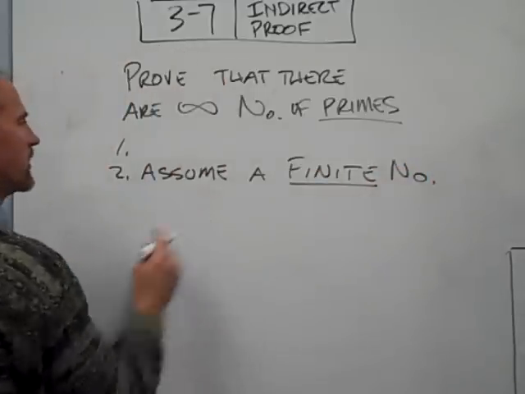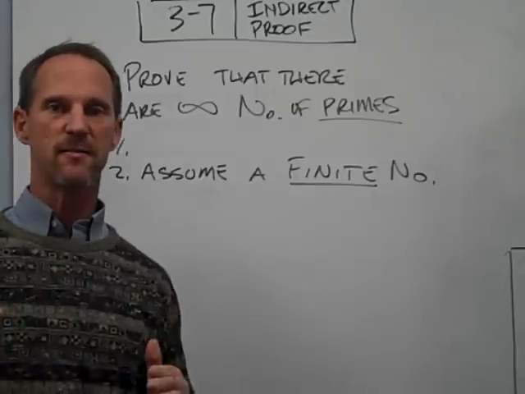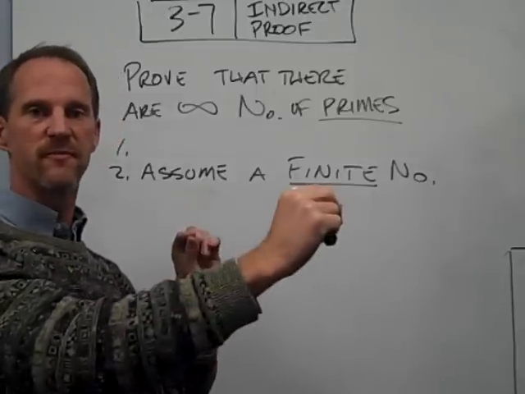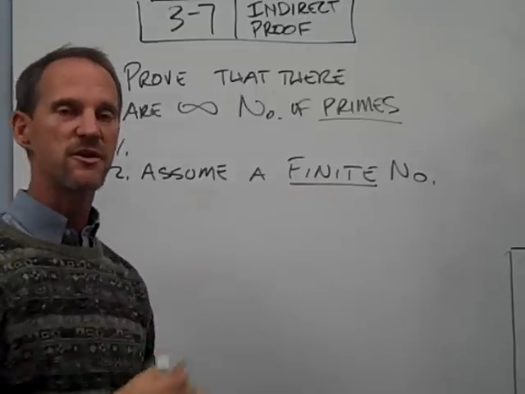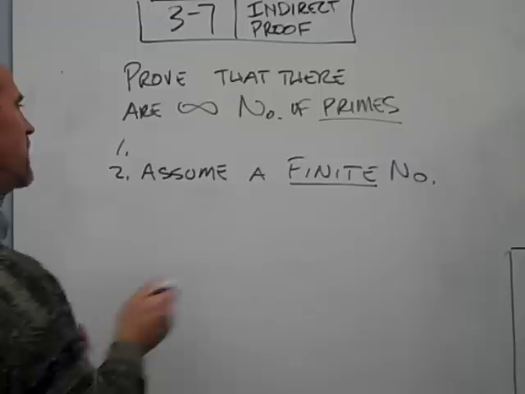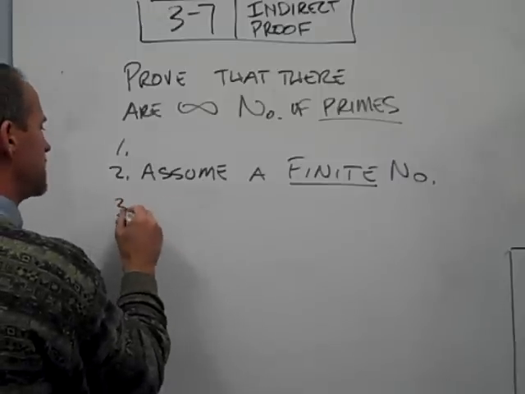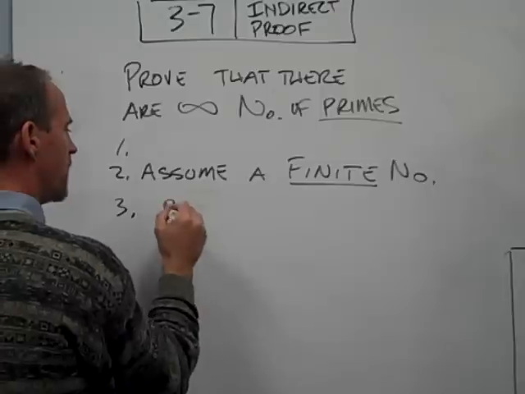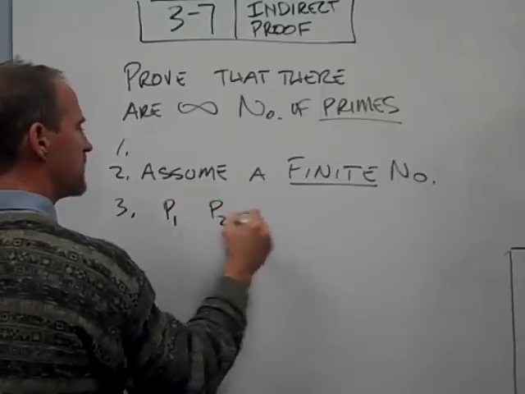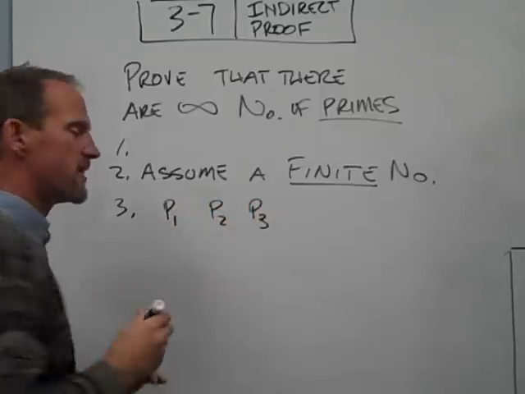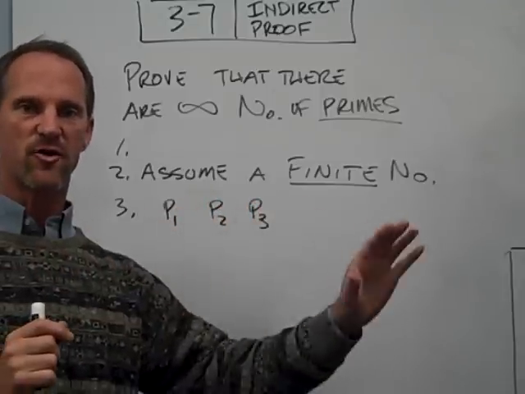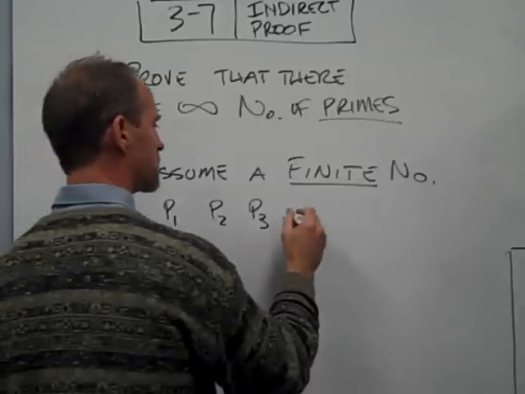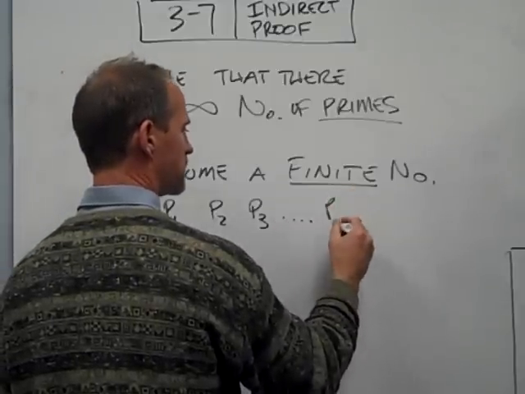Okay, well, if there's a finite number of primes, we could write a list of them, because there's a last one. You don't need to worry about how you find the last one, but suppose, just as an idea, there was a last one. So you could have P1, and you could have P2, and you could have P3. Whatever they are, we could list out all the prime numbers, and we could go dot, dot, dot, and there's our last one, PL.